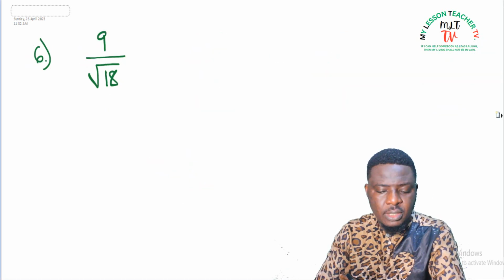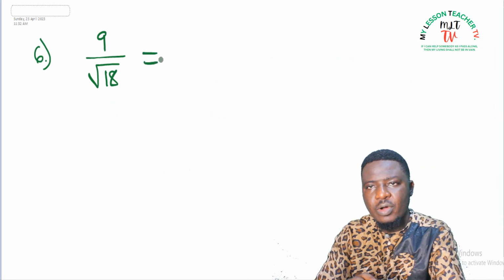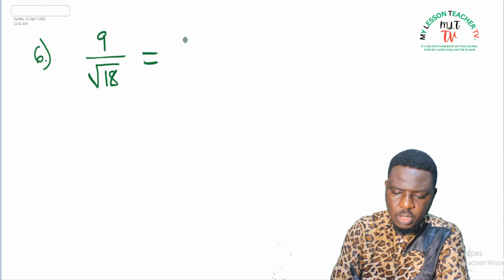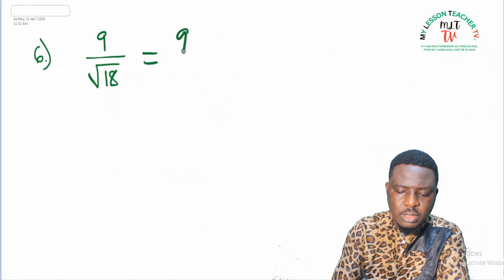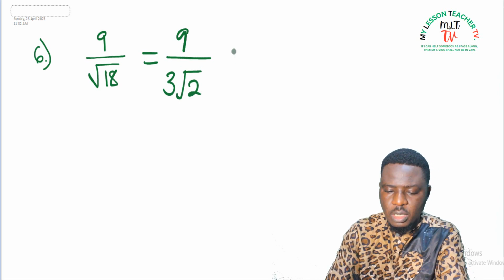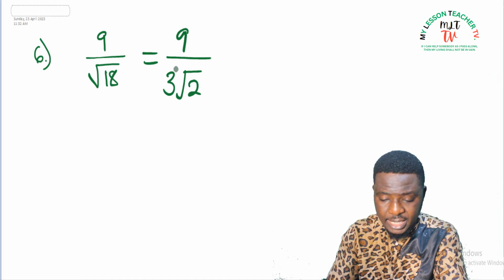Question 6. We have 9 divided by root 18. I'll have to simplify or express root 18 in its basic short form so as to make the work simpler. This becomes 9 divided by 3 root 2. And now to rationalize, we can still break it further because 3 is a multiple of itself and 9.